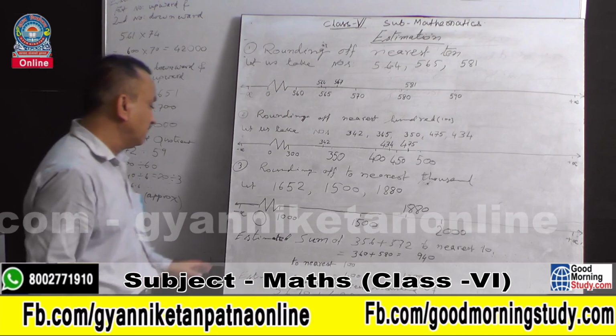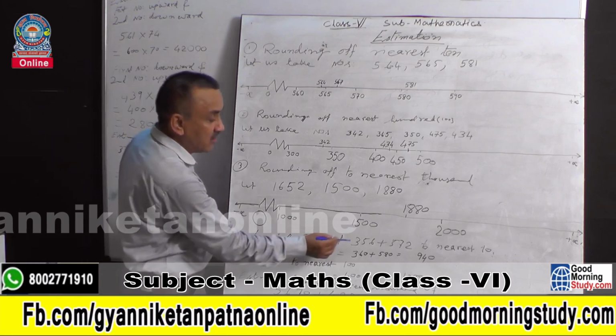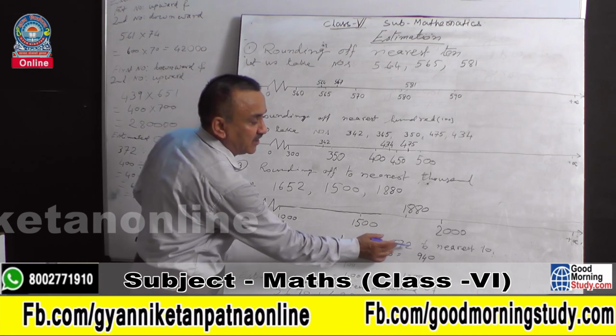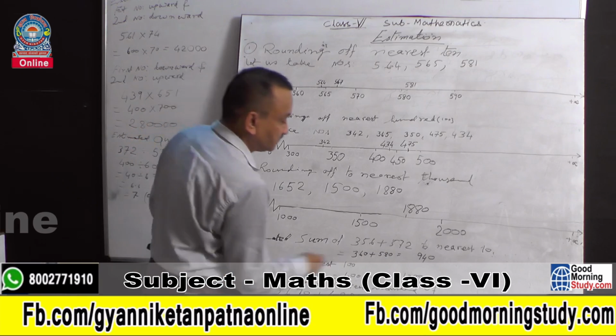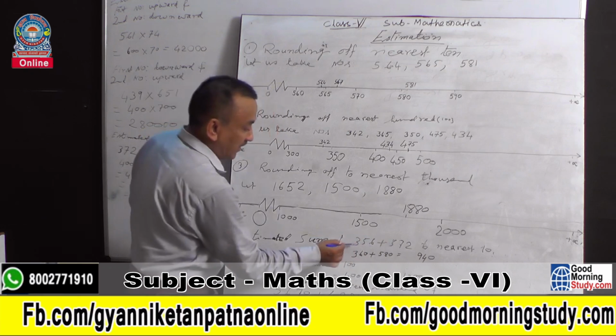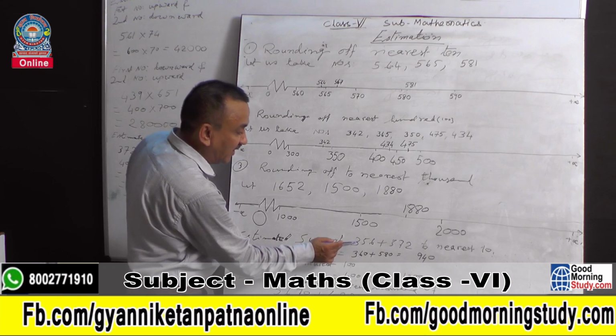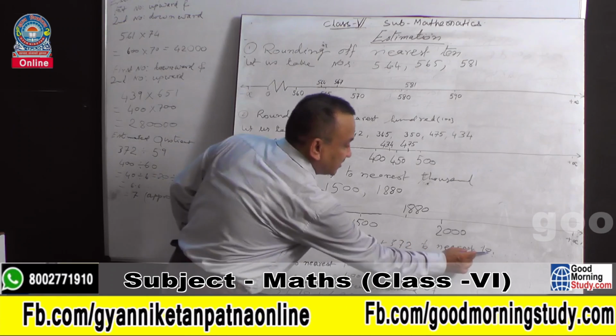Now the estimated sum of these numbers. Estimated sum of 356 plus 572. We will make the sum to the nearest 10.